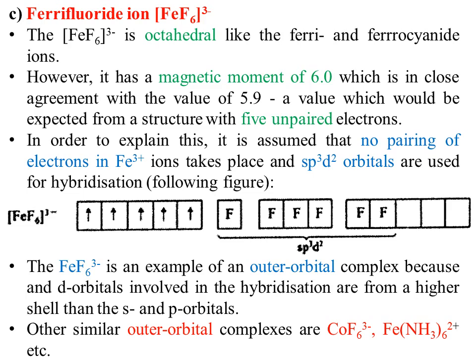But in this case, fluoride ion is a weak ligand, so it does not have the capability to pair up electrons. That's why all of the electrons present in the d subshell are unpaired and contribute towards magnetization of the complex. That's why the complex shows maximum magnetization.